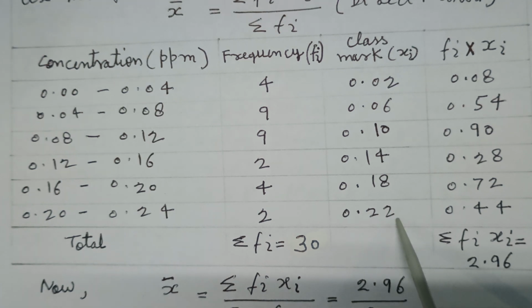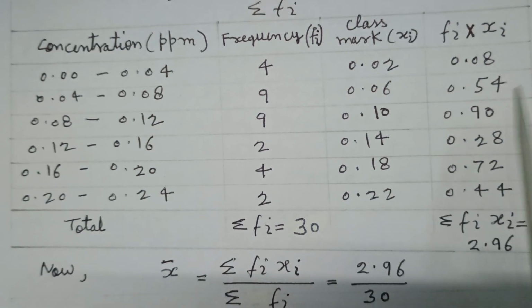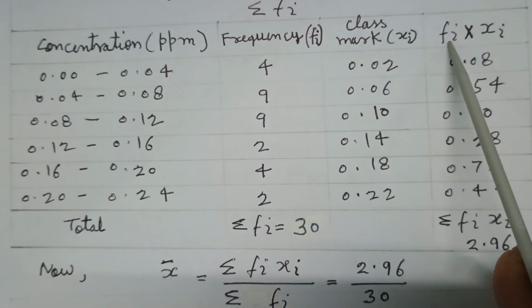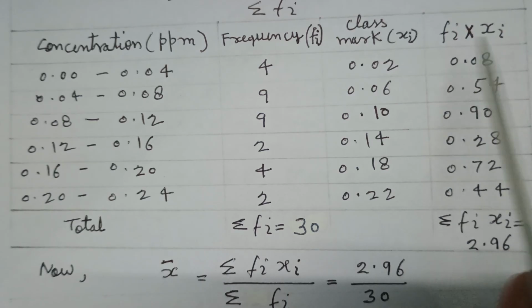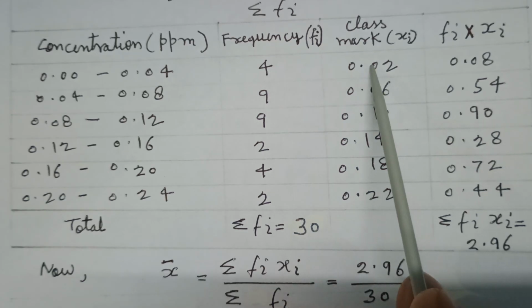Now we will find the fi xi. How will we find fi multiplied by xi? We will multiply the frequency with the class mark.